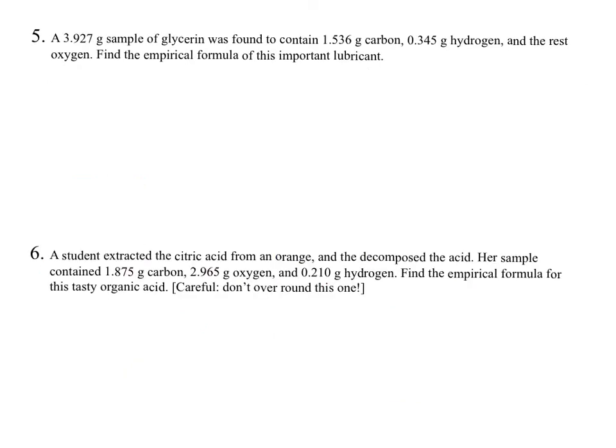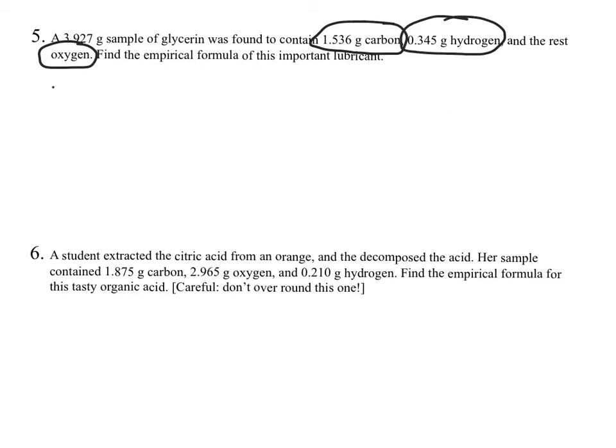If we take a look at number 5, it says 3.927 grams of glycerine is found to contain 1.536 grams of carbon, 0.345 grams of hydrogen, and then the rest is oxygen. Well, let's write down what we're given. Easy peasy, it's given to us already.